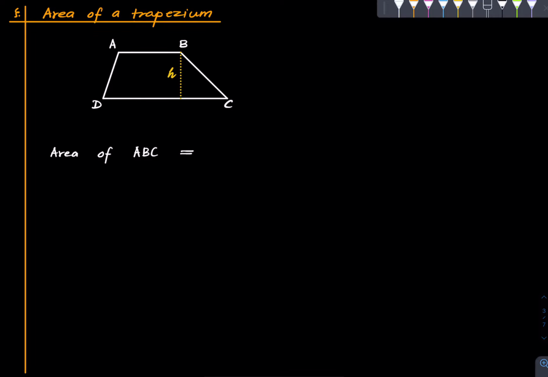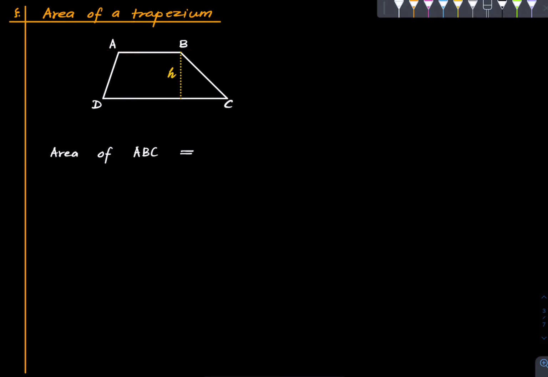So we will need to recall something that we know from basic geometry, which is the formula for the area of a trapezium. Suppose I have been given a trapezium, which just means that two of the sides of this quadrilateral are parallel. Here in this figure, AB is parallel to CD, and suppose H is the distance between the two parallel lines.